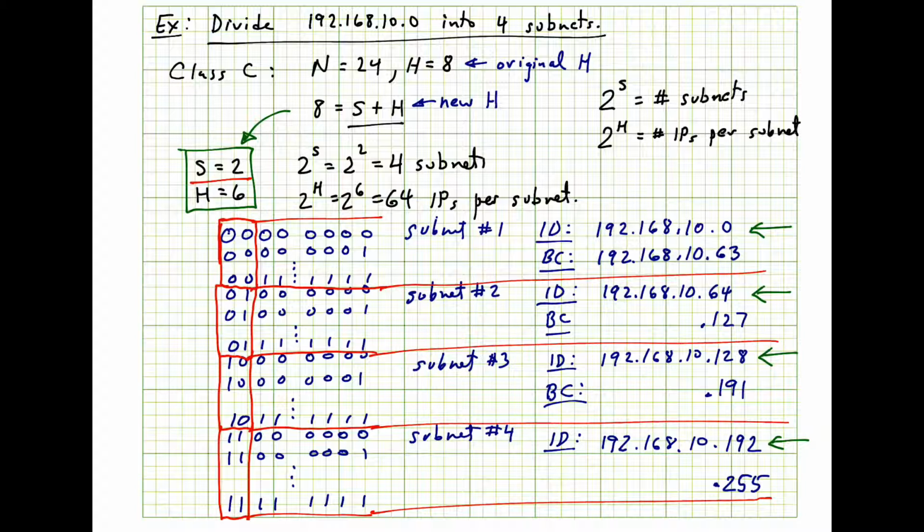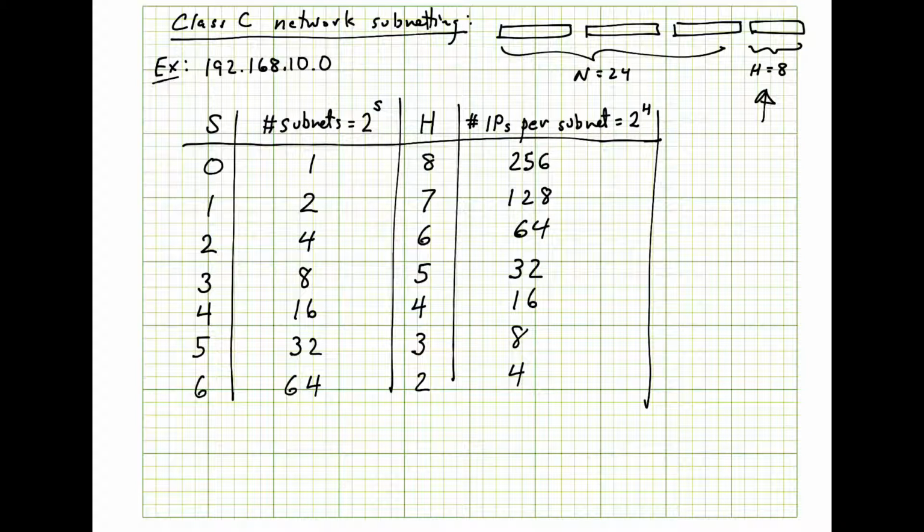If we count by 64s, we get the 4 subnet IDs for the case S equals 2. We can write down the increment for creating the subnet IDs. The increment is really just the number of IPs in the subnet. It's exactly the same number.